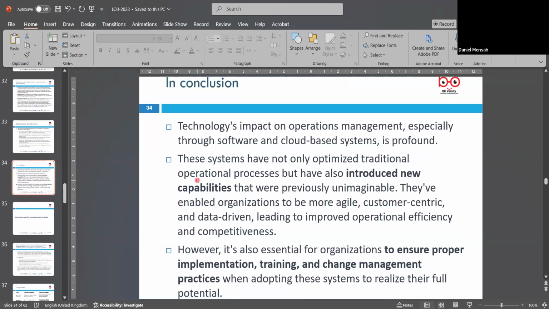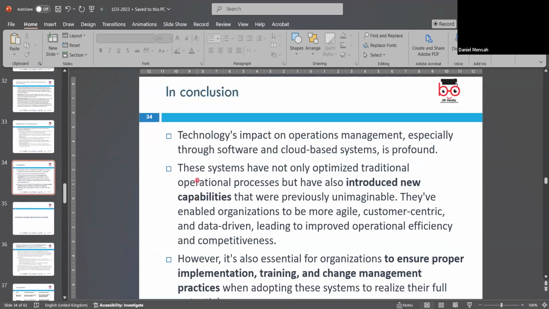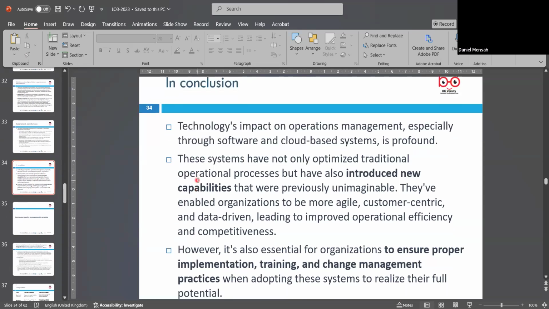So if we include the utilization of IT and information in the field of continuous quality improvement, it is not only helping with improving the existing or traditional operation processes, but we must say they are introducing new capabilities or new ways of doing business and enhancing the processes, performance and efficiency.